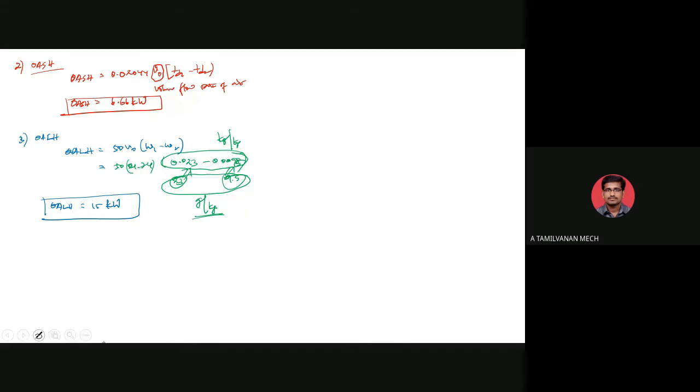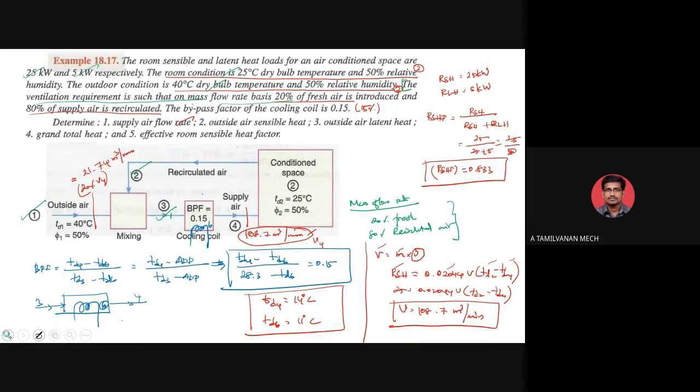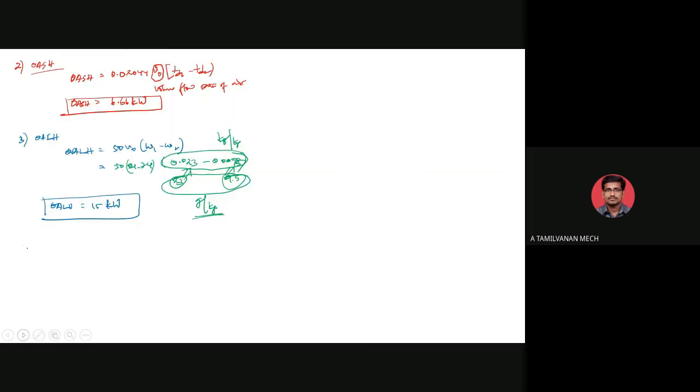Then the third one asked in the problem is nothing but the outside air sensible and outside air latent heat. So the fourth one is the grand total heat. Listen, the grand total heat is equal to total sensible heat plus total latent heat.